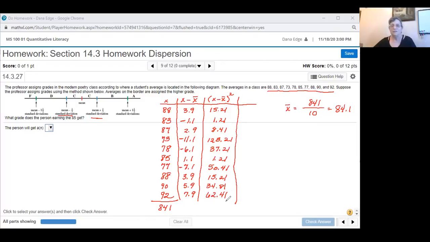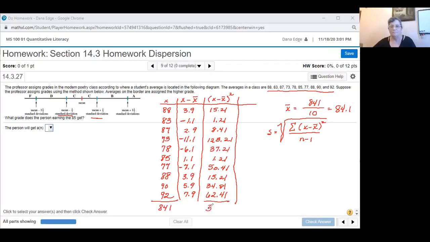Stop and double check and see if yours match up with mine, because our standard deviation is going to be the sum of the X minus X bar squareds divided by n minus 1, and then we're going to do the square root of the whole thing. So we've got to sum this. Stop the video and go ahead.